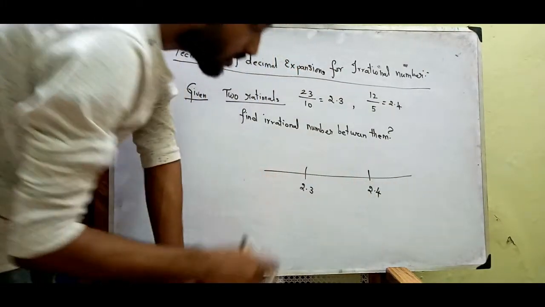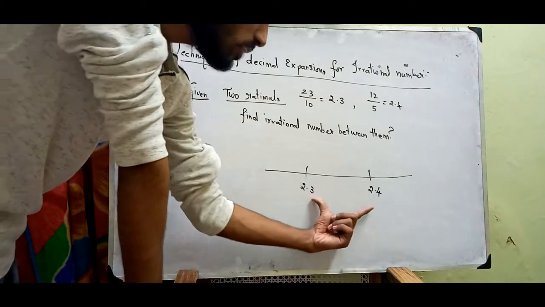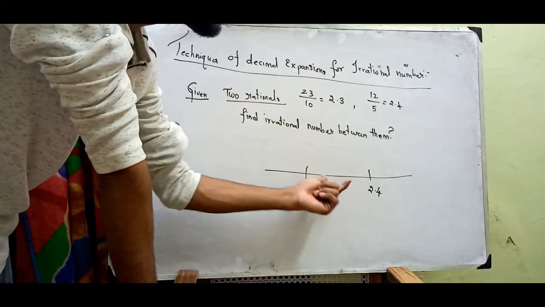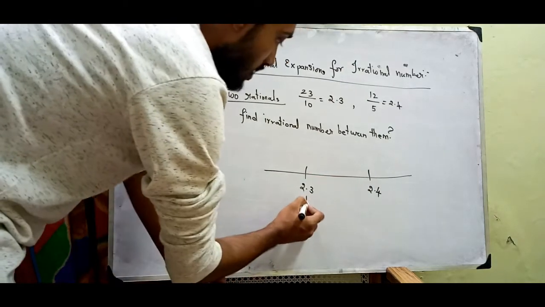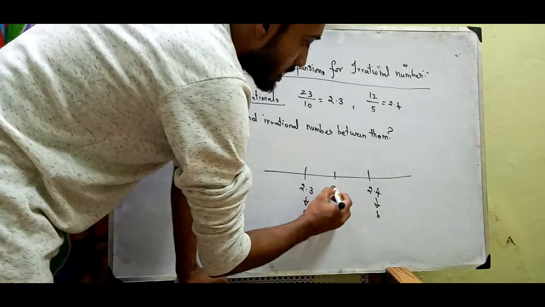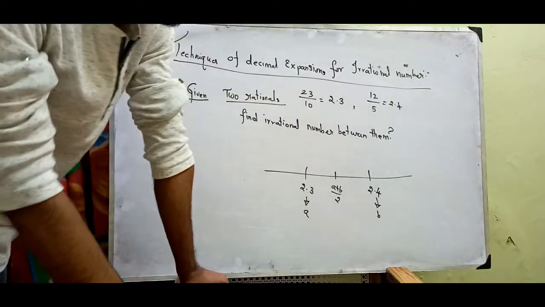this is a real line or number line. See 2.3 and 2.4. Between 2.3 and 2.4 there are infinitely many rational numbers, because if I say this is A, this is B, we know there is something in the center, (A plus B) by 2.